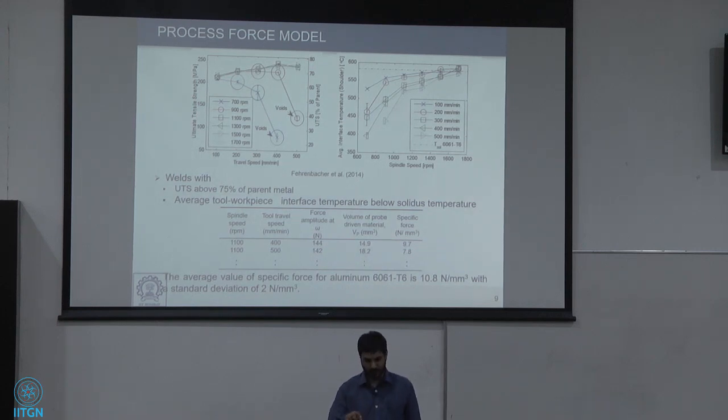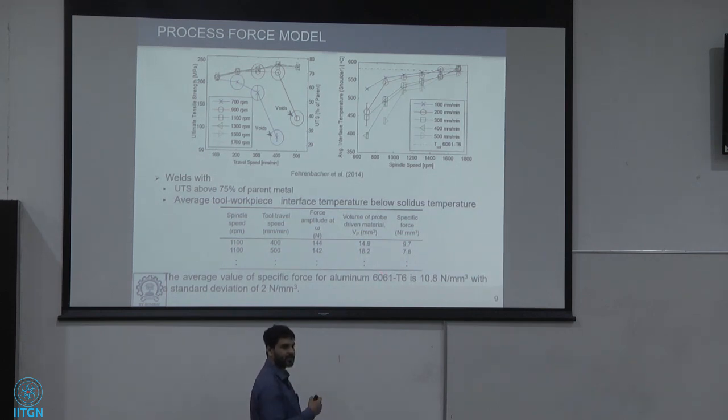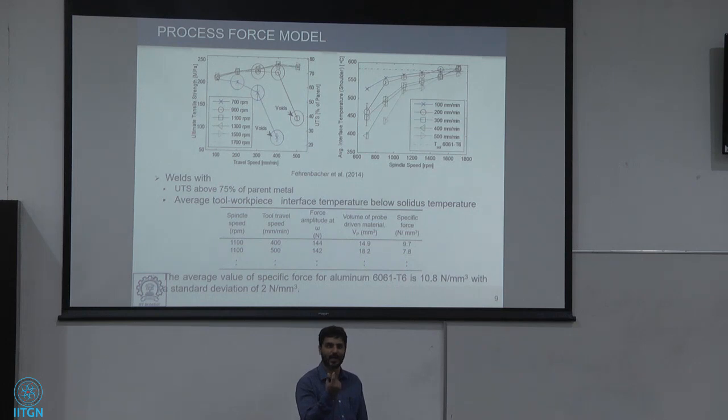So, once the good welds were identified, we calculated theoretically the volume of material which is driven by the influence of the pin. Essentially, it's an annular space of material whose height is the same as the pin height and whose thickness is the same as the advance per revolution, APR, during the process.